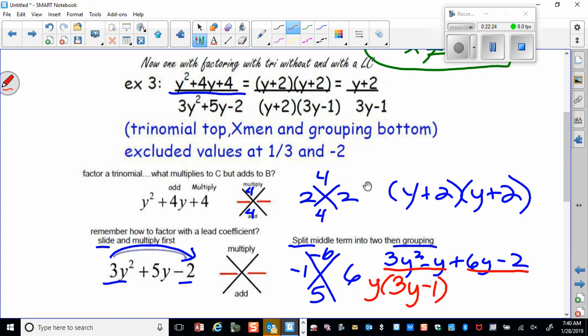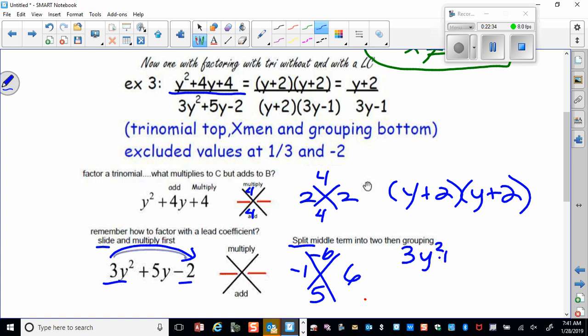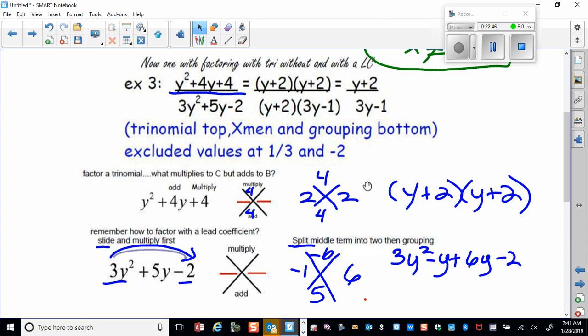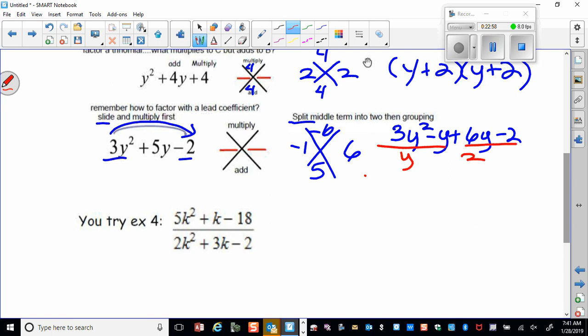right? Actually, let me raise that up so I can write it out differently. So I'm going to divide, both of these have a y, and these both have 2, right?